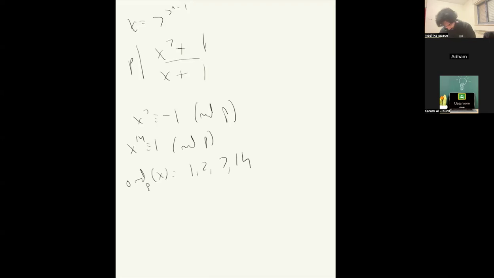So it means, first of all, x to the 7th is congruent to minus 1 mod p. So x to the 14 is congruent to 1 mod p. The order is 1, 2, 7, or 14. So let's think.